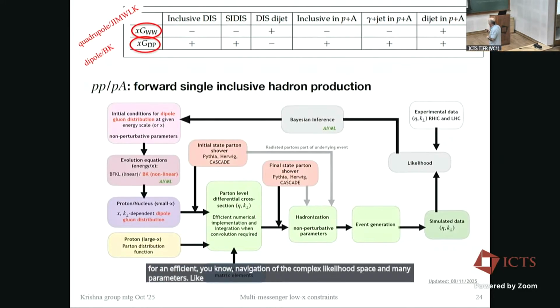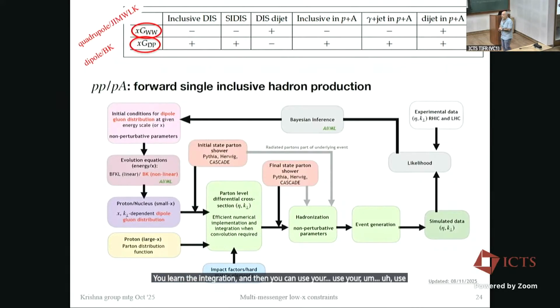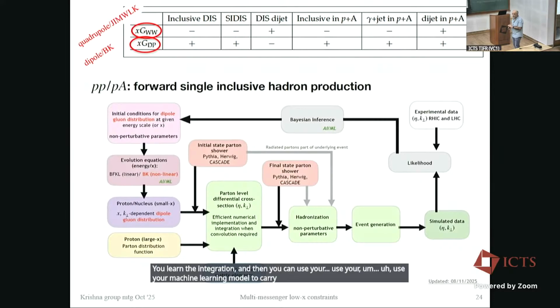Likewise, the integration of these nonlinear evolution equations, which are multidimensional, really needs to be sped up and made much more efficient using machine learning tools. You learn the integration, and then you can use your machine learning model to carry out this exploration in the parameter space very much more efficiently.